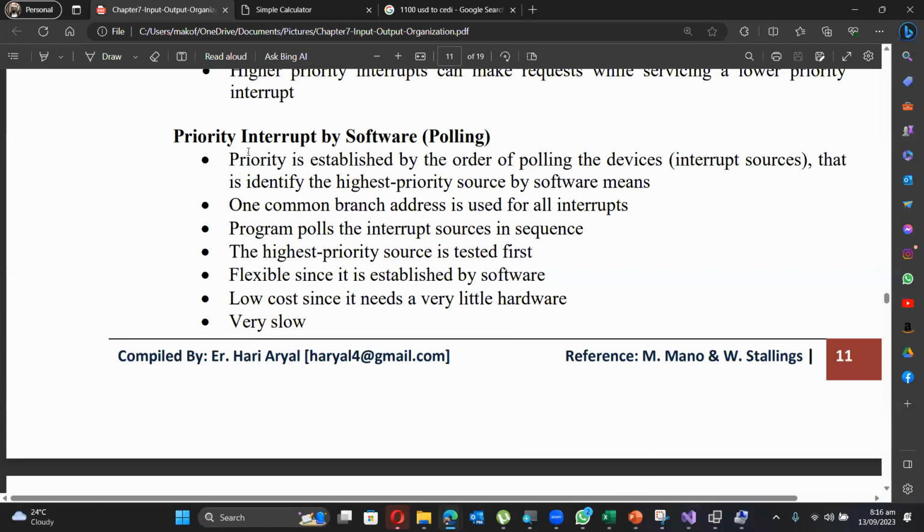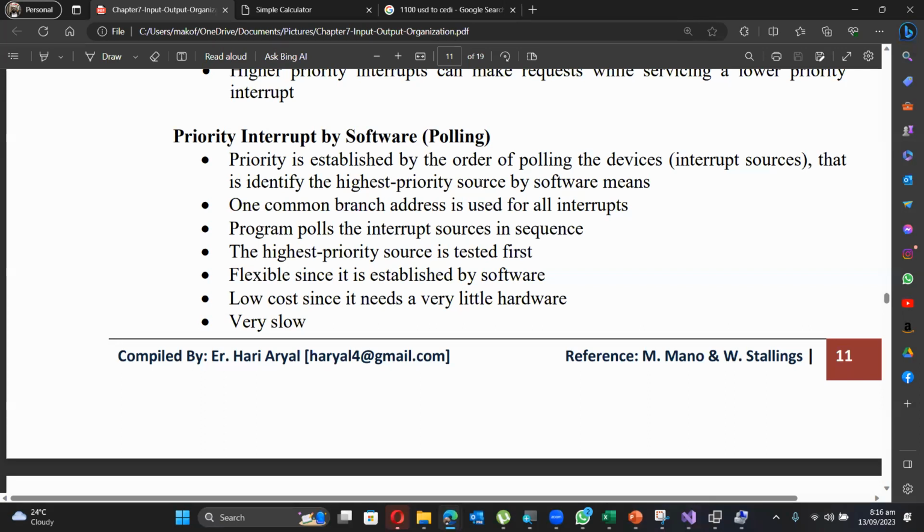So we can see that here we have priority interrupt by software. That is by polling. Priority is established by the order of polling the device. That is identifying the highest priority source by software.